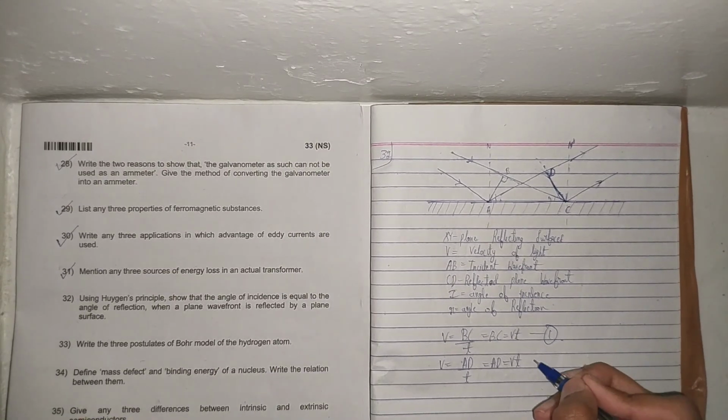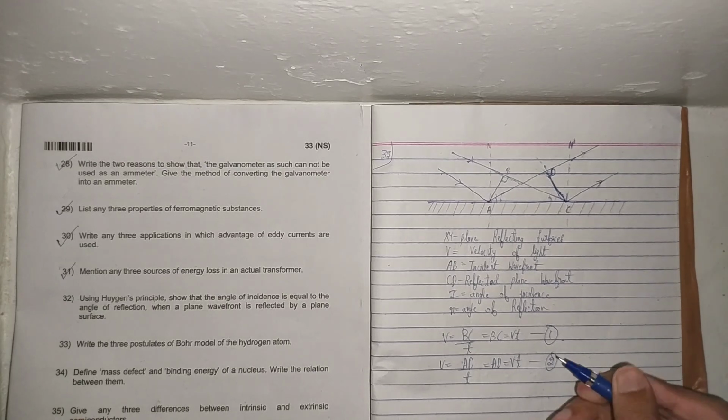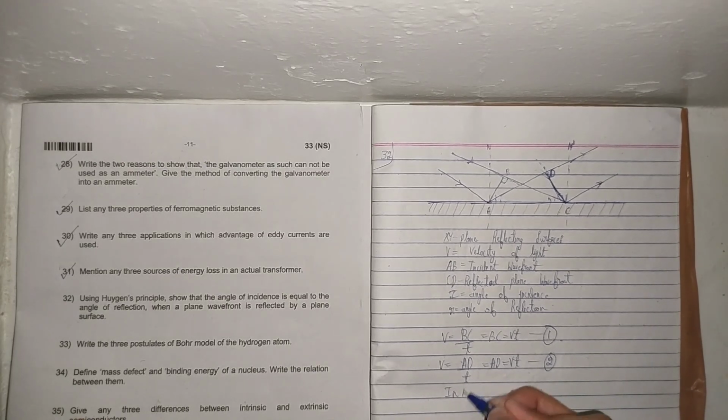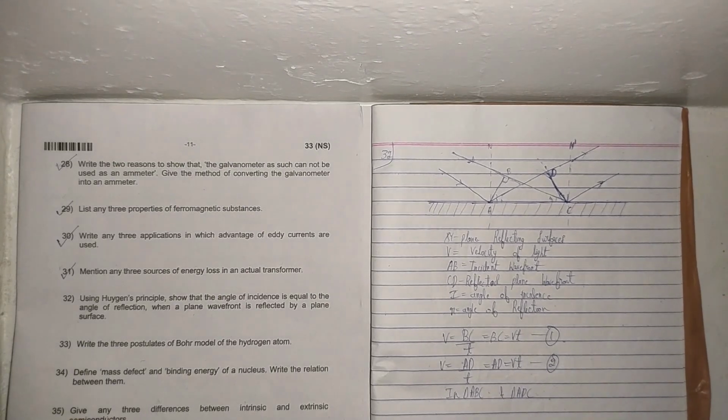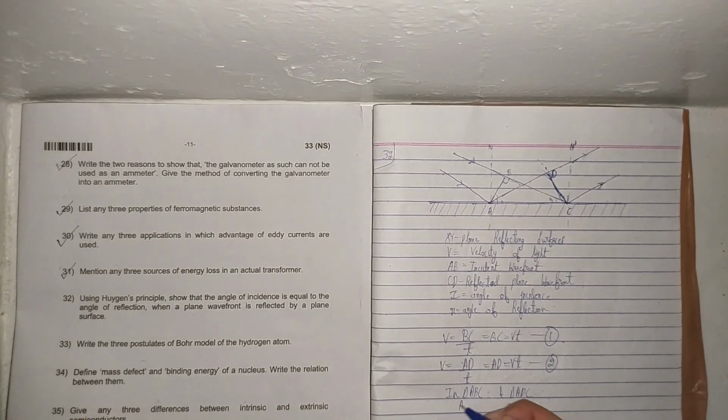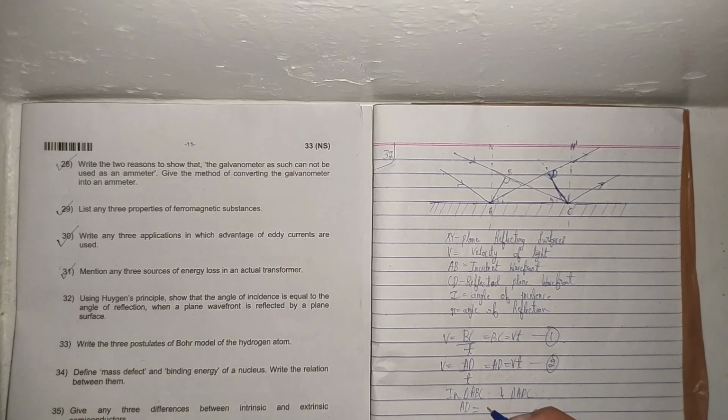This is equation 2. So in triangle ABC and triangle ADC, AD is equal to BC, that is equation 3. Here AC is common.